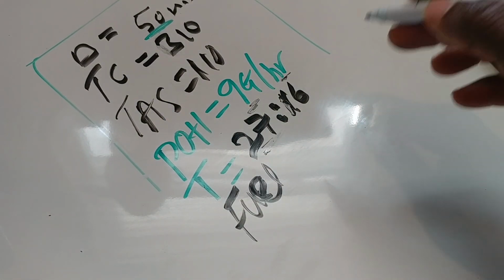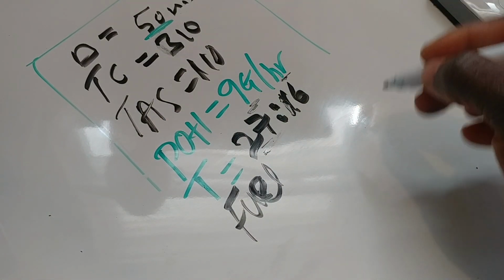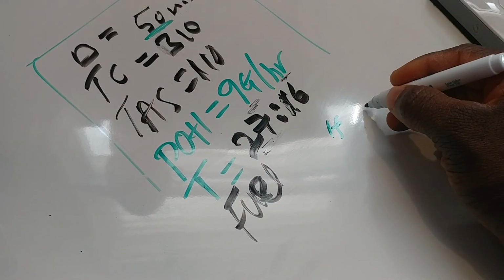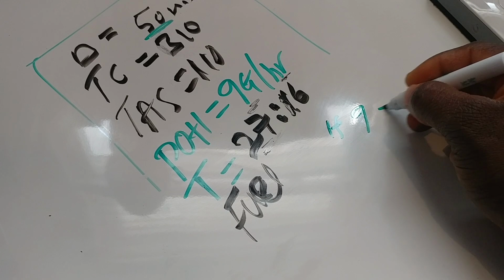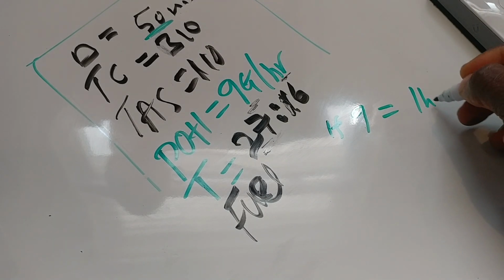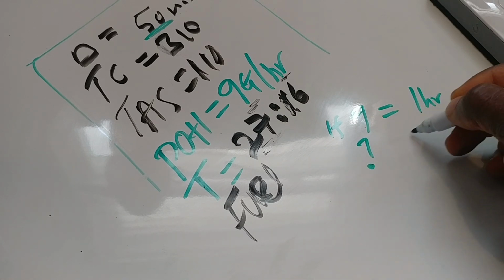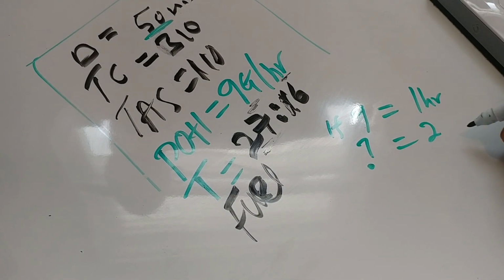So the formula is, if 9 is equal to 1 hour, then how many is equal to 27 minutes and 16 seconds?